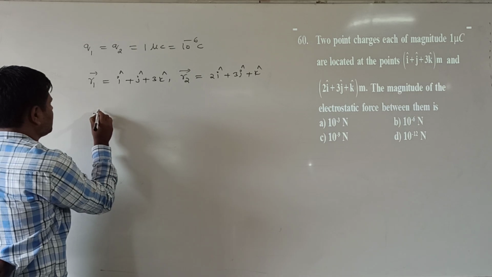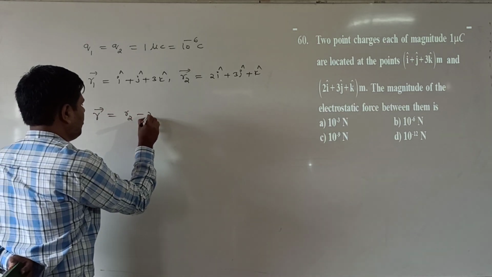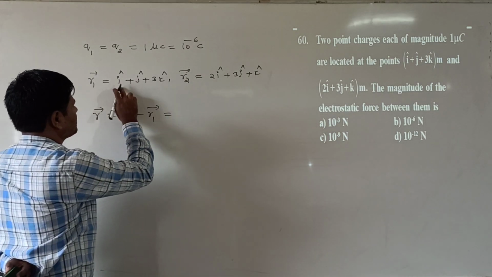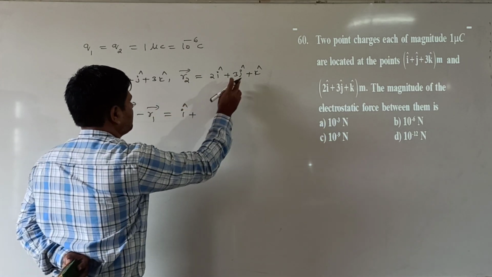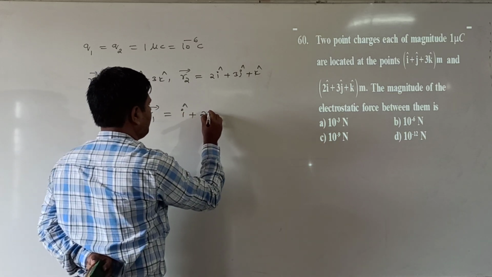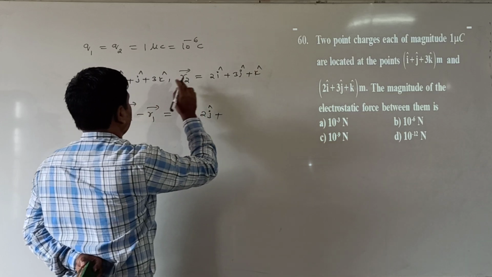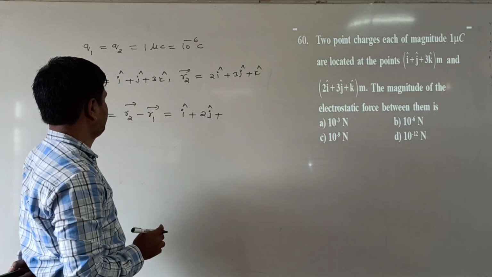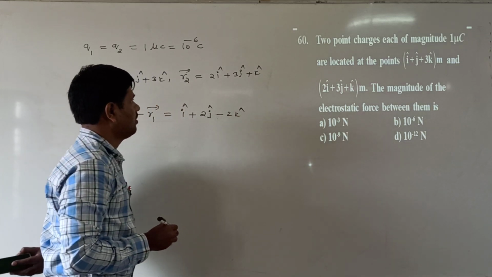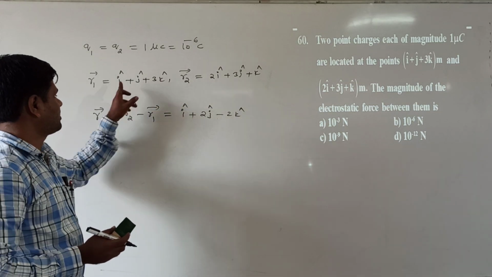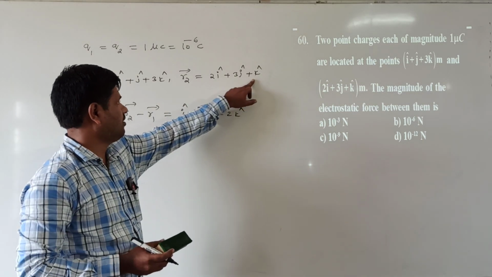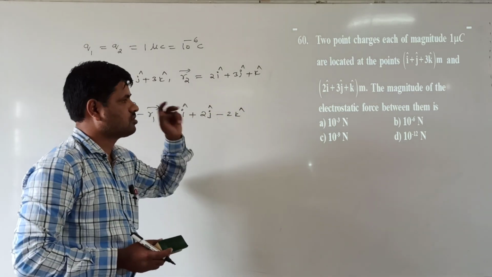The distance vector between them is r bar equals r2 bar minus r1 bar. 2i minus i is equal to i cap. 3j cap minus j cap is equal to 2j cap. k cap minus 3k cap is equal to minus 2k cap.